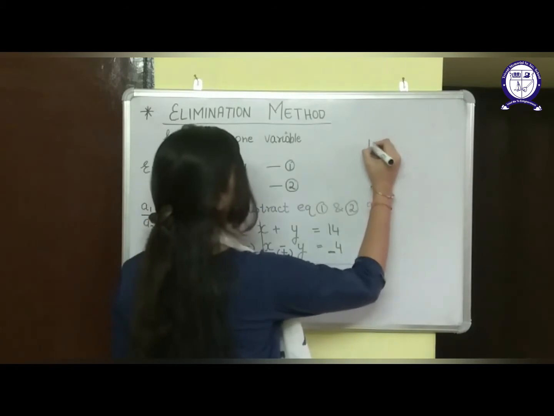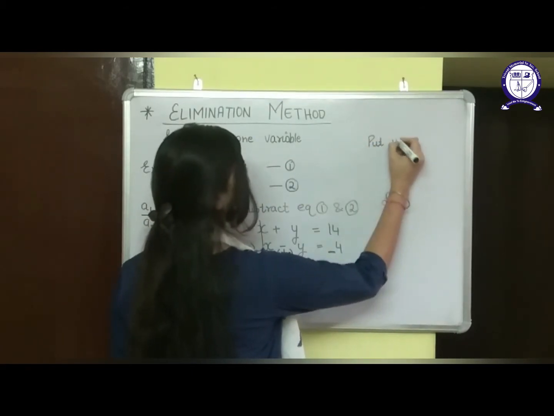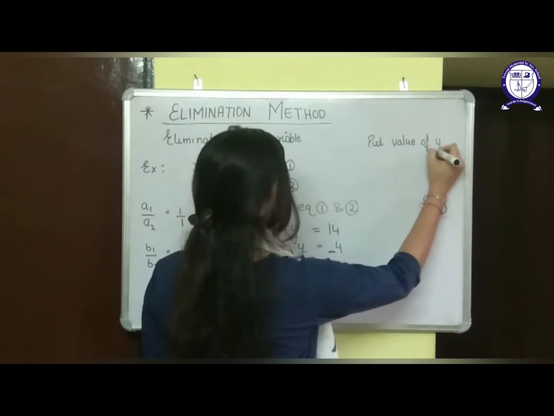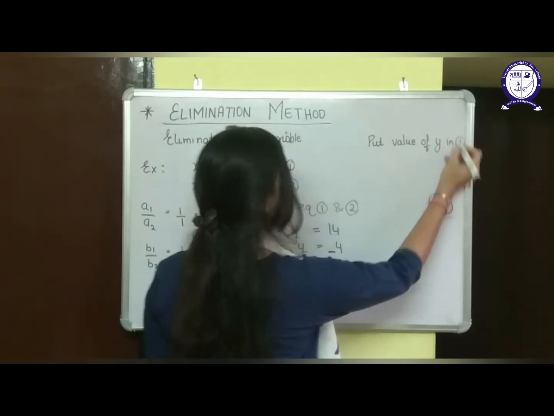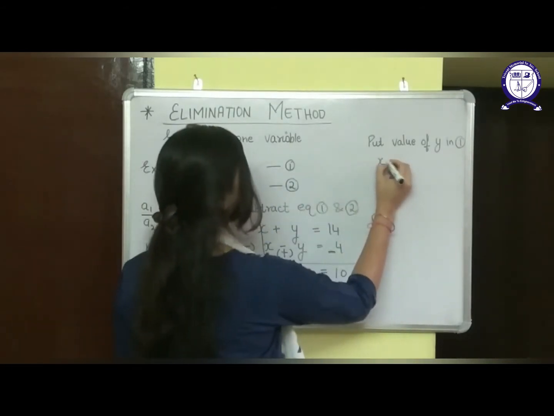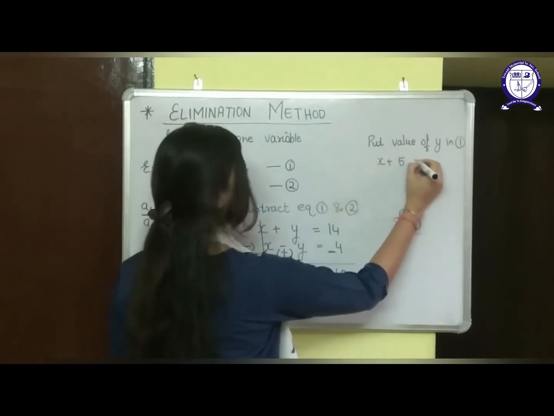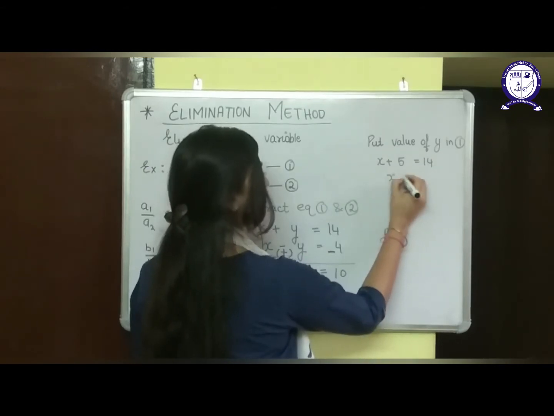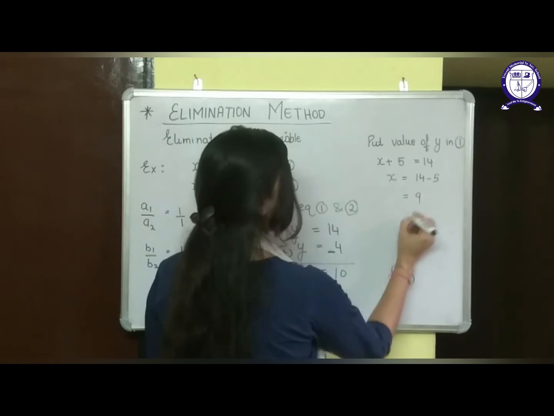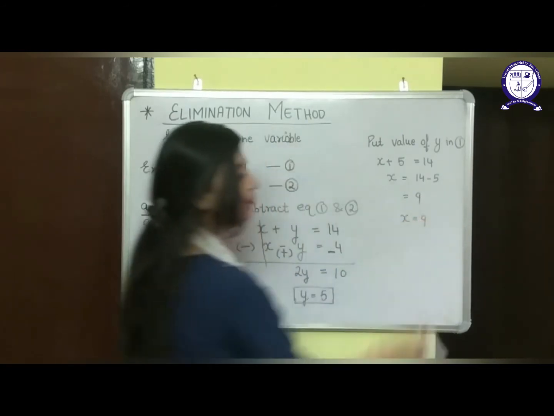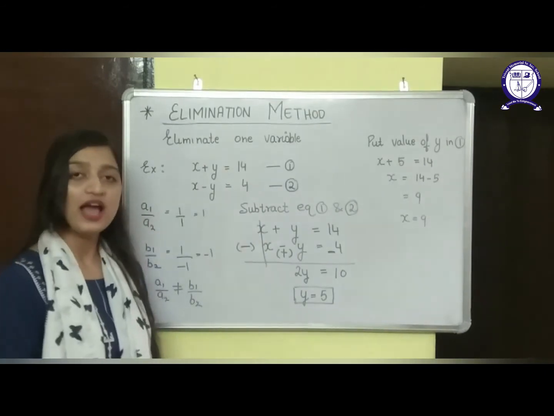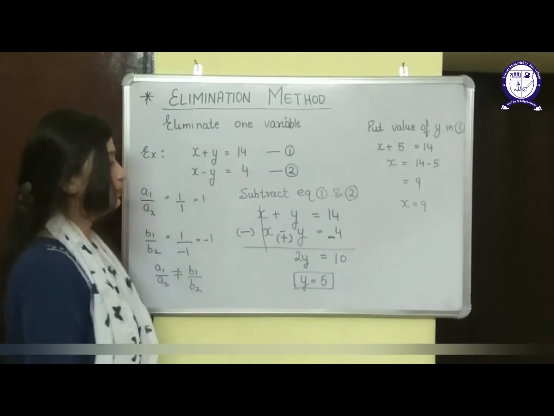So put the value of y in 1. I can put it in 2 also. So x plus 5 equals 14. So x will be 14 minus 5, that is 9. So it doesn't matter whether I use addition or subtraction, my answer will be the same.